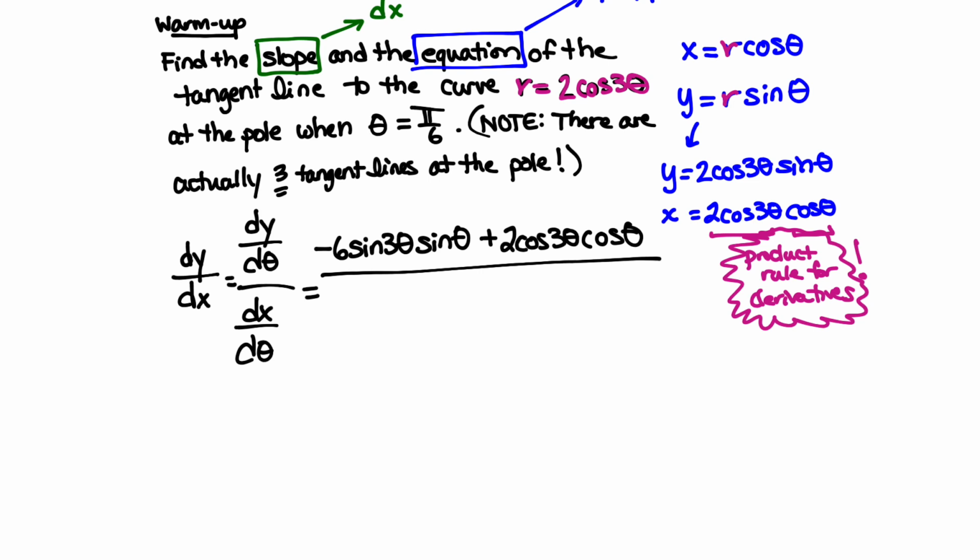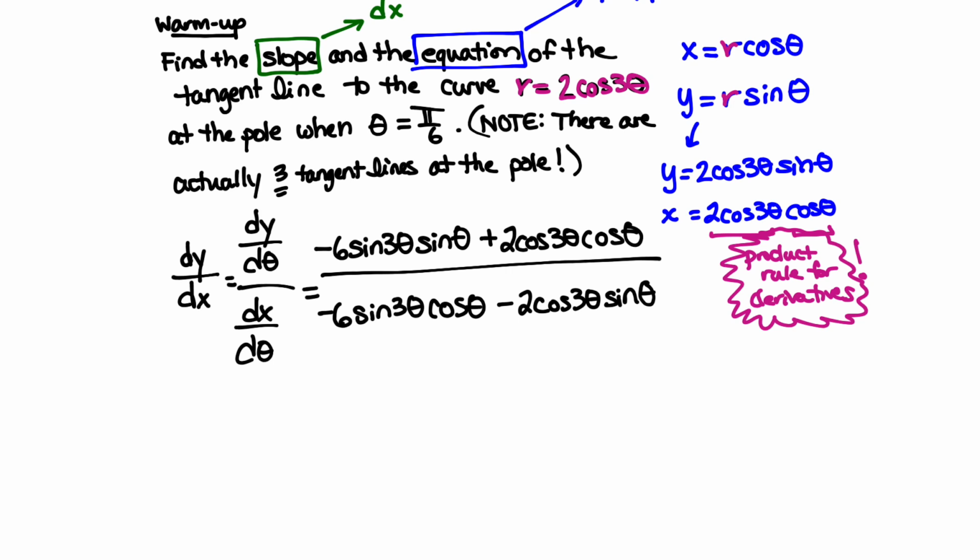Derivative of x: derivative of the first gives minus 6 sine of 3 theta times cosine of theta, plus derivative of the second, 2 cosine 3 theta sine theta, but I have to put a negative in front. Okay, cool. Does that match you?